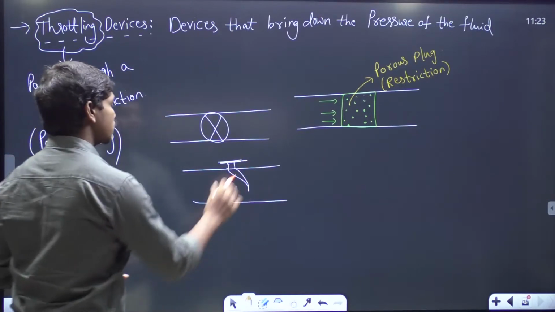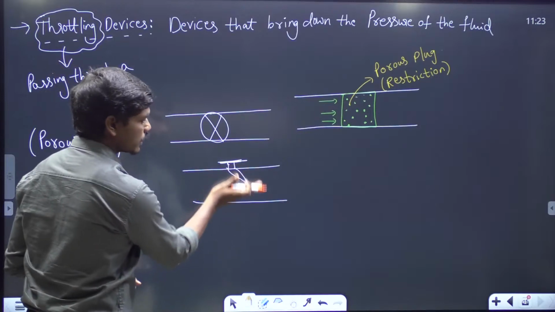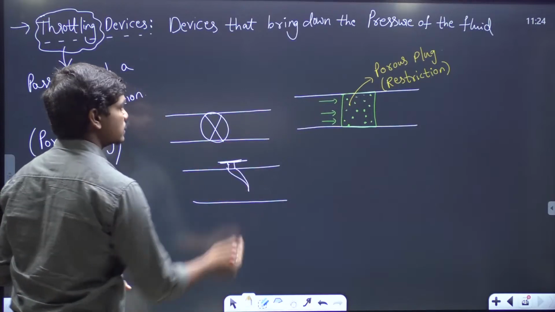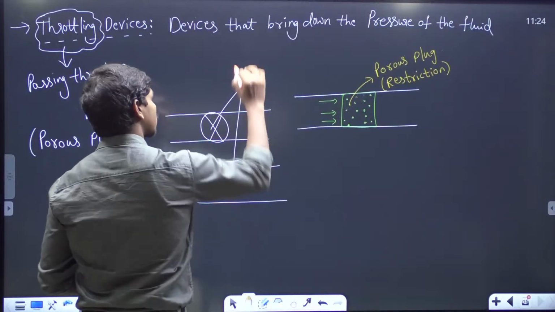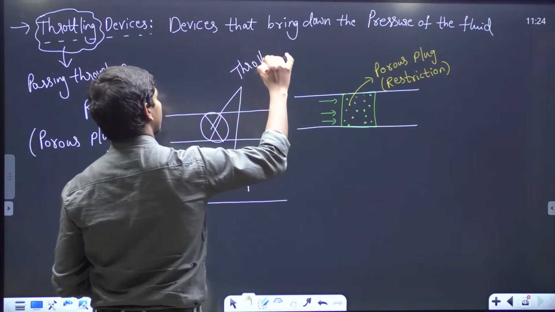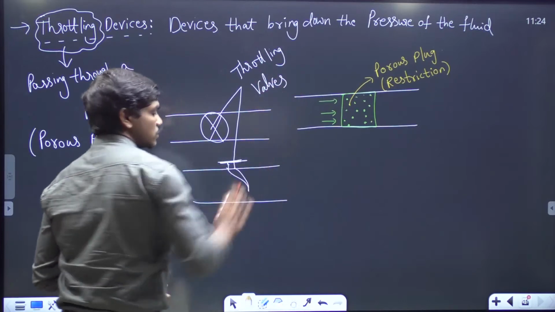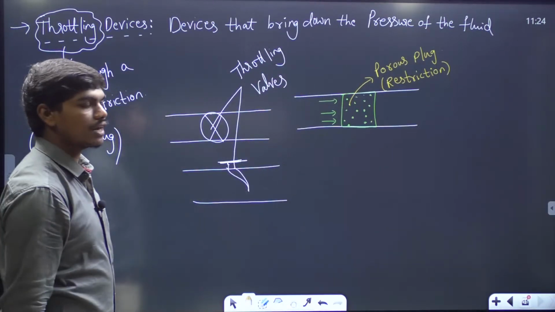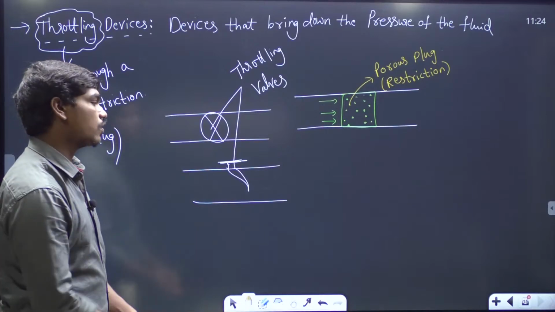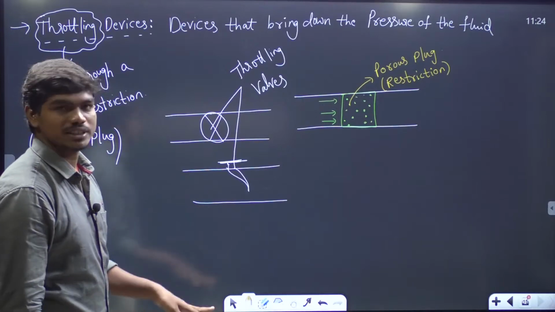So the restriction that you allow keeps on changing. These are throttling valves that are applied in practical applications. In a carburetor engine, you have a throttling for fuel supply and all these things. So these throttling valves are of much importance actually.